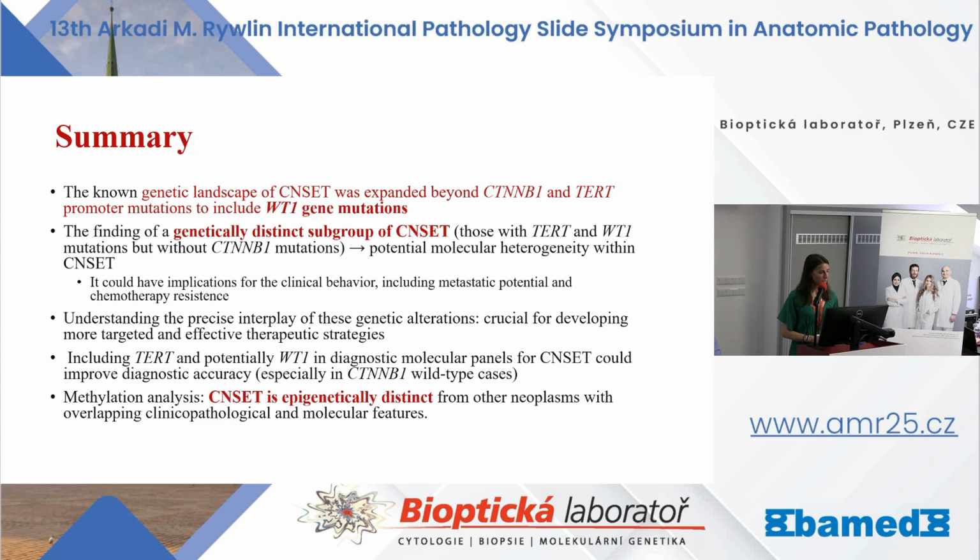And because of this finding of a CTNNB1 wild type case, there might exist a genetically distinct group of calcifying nested stromal epithelial tumor, and it suggests that there might be a potential molecular heterogeneity within this rare tumor. It could have implications for the clinical behavior, including metastatic potential and chemotherapy resistance, but given the limited follow-up for the current cases, we can't relevantly comment on this right now.